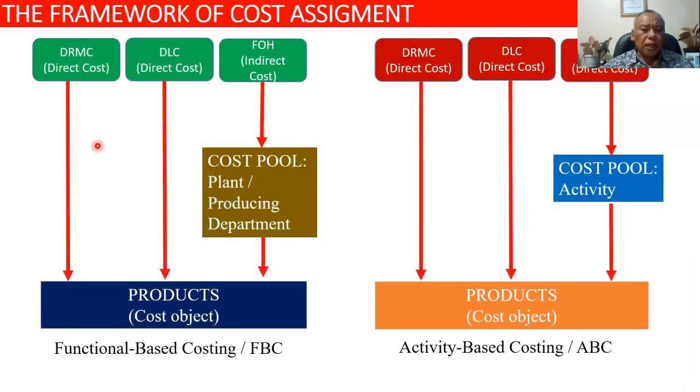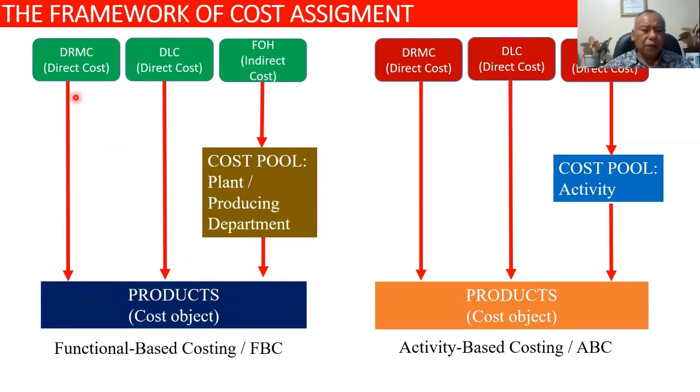How to assign the manufacturing costs to products. We assume that we produce several kinds of products, and then how do we assign the manufacturing costs to each kind of product? The product in this case is the cost object.